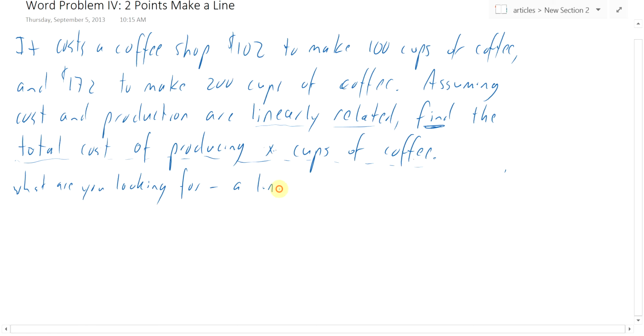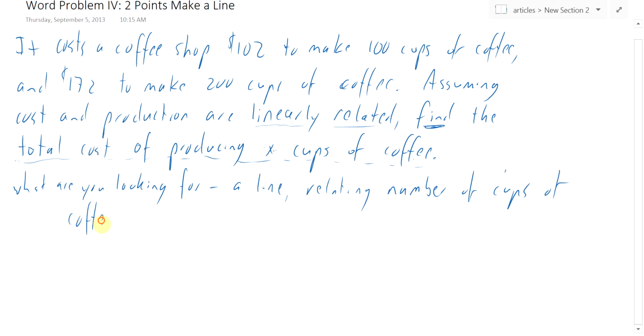So what are we looking for? A line relating number, I suppose I should write out number of cups of coffee produced, and they actually tell you what that variable should be.